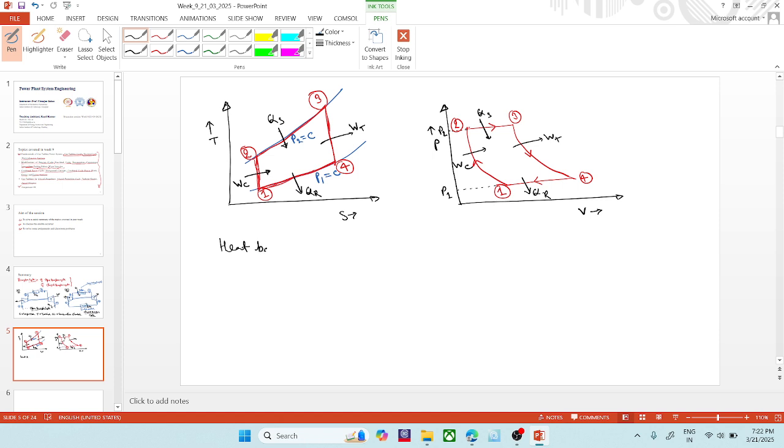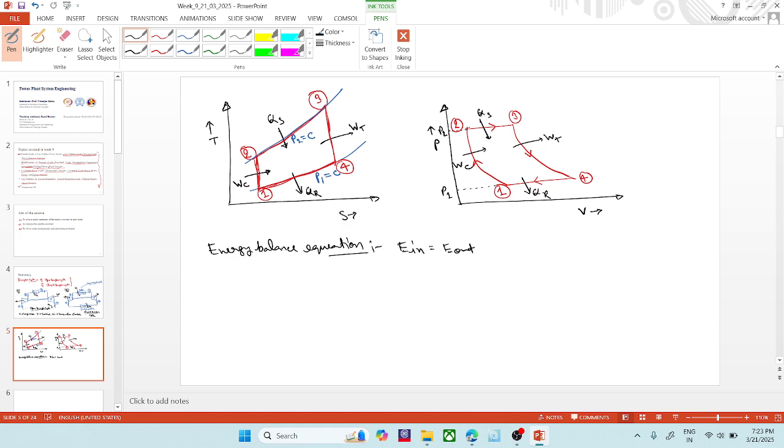The heat balance equation, energy in would be equal to E out. So here, sorry, this won't be the heat balance equation. This will be the energy balance equation.